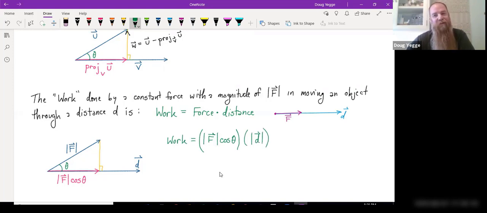But again, that should look very familiar to you, because we learned that anytime you multiply the magnitudes of two vectors times the cosine of the angle between them, that's nothing more than a dot product. So just like we saw that in general, work is equal to the force times the distance, now we see if we have any two vectors at any angle between them, the work is always the force dotted with the distance traveled.